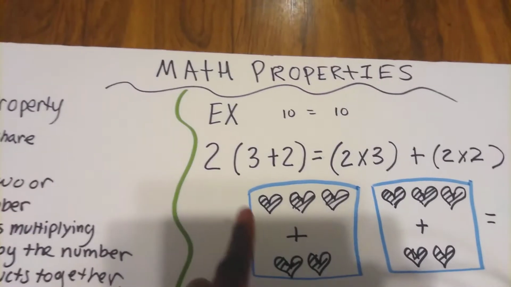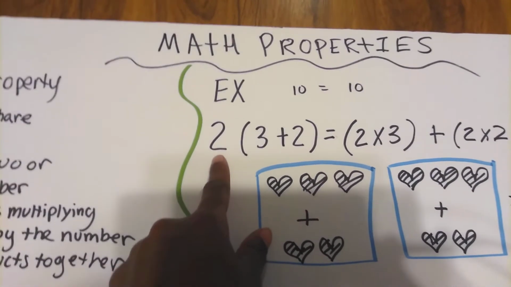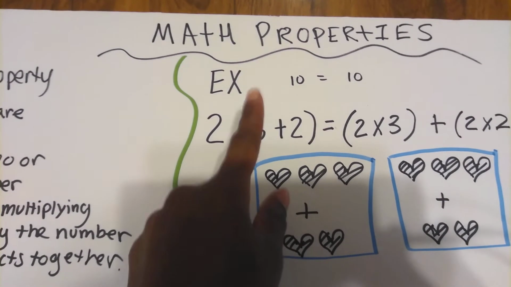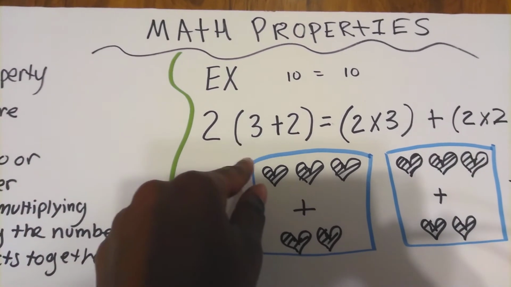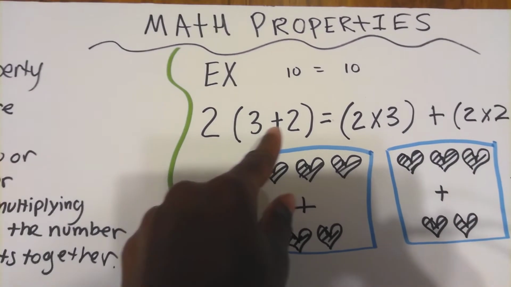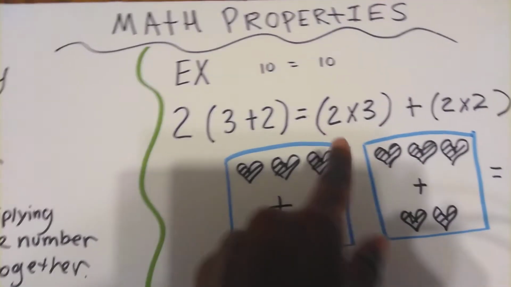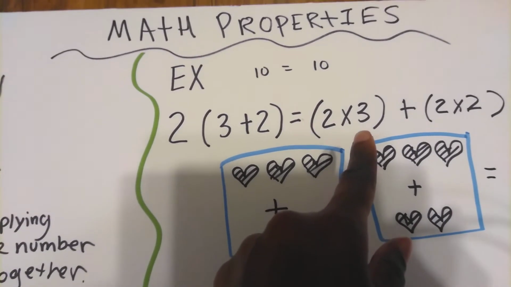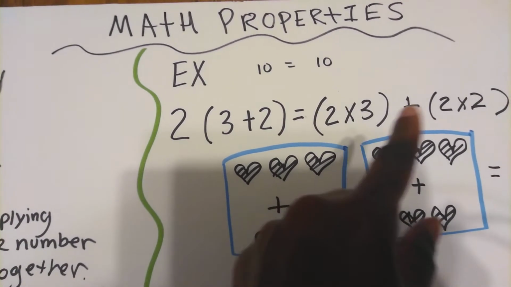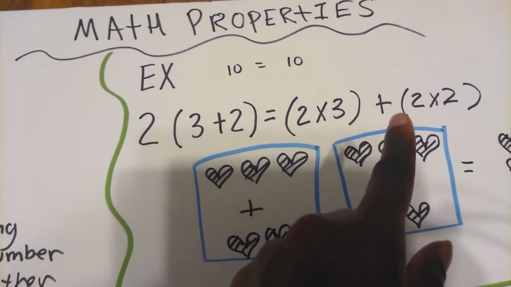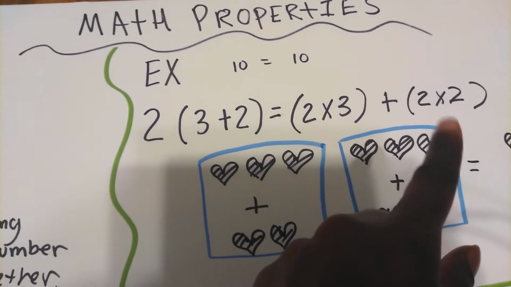Here's our example: 2 times (3 plus 2) equals (2 times 3) plus (2 times 2).